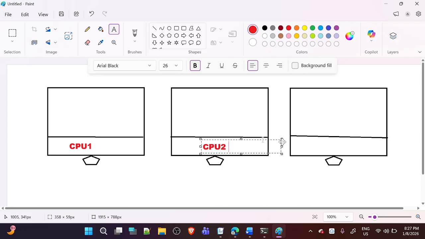CPU is a brain, and each machine has its own brain.